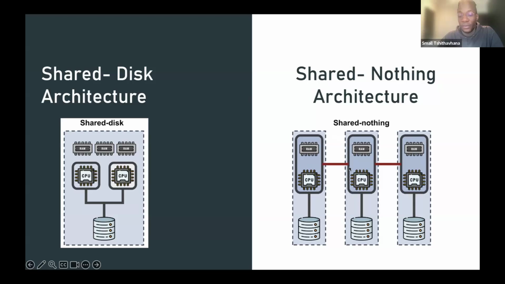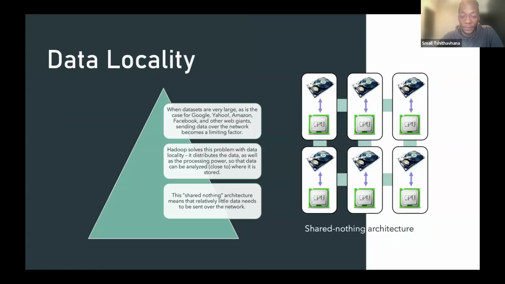This is a node, and a combination of nodes makes up a cluster. So if one node fails, the entire cluster won't crash. This is the upside of the shared nothing architecture, which helps with data locality, where you don't have all your data in one place.